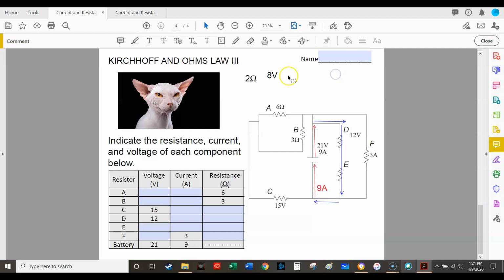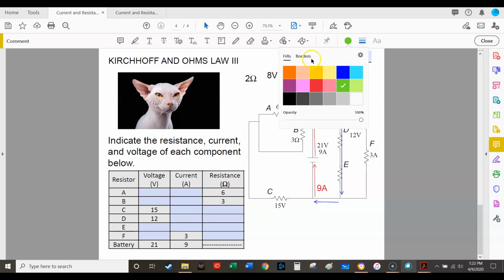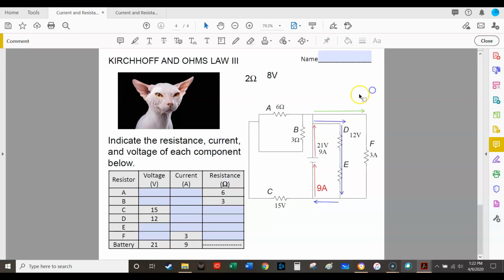All right. Well, let's try another color. That means, let's say here to the right, we're going to have a green current head to the right.